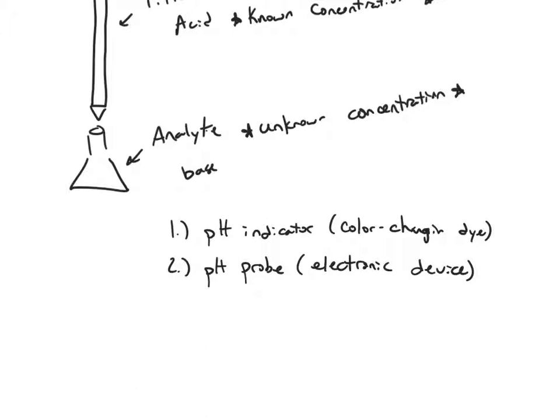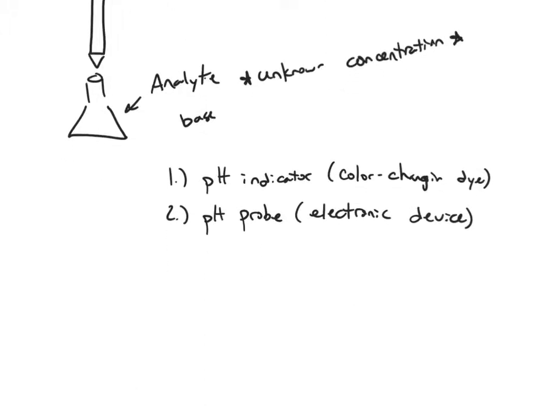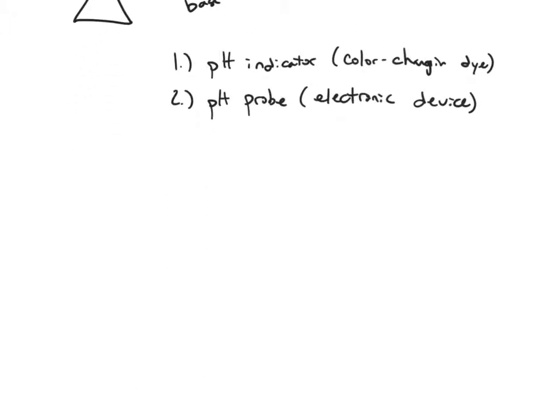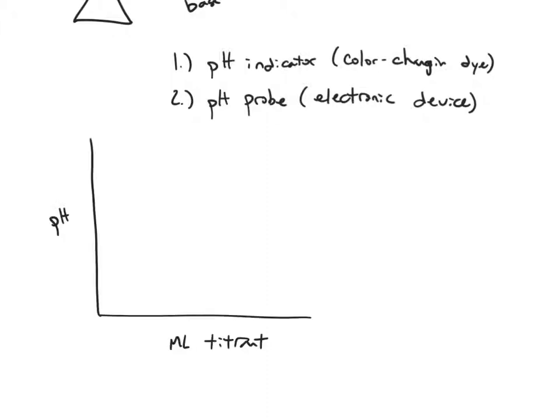And I'm going to finish up this slide, and I've talked about it a little bit before, but the titration curve is a very important graphical representation of a titration along the entire process from beginning to end. It is a graph that represents the pH on the vertical axis, and it compares it to the milliliters of titrant added.